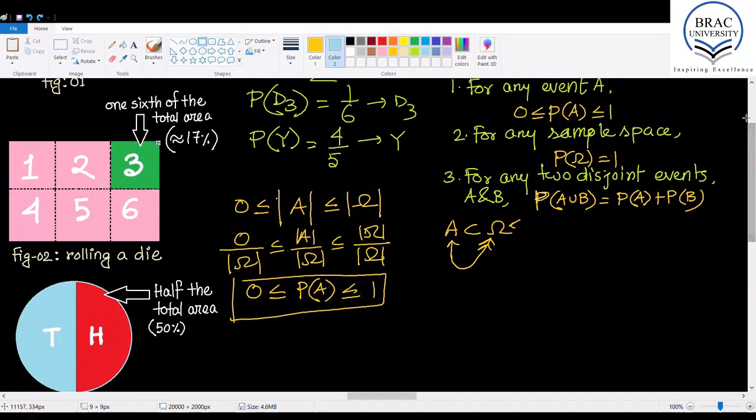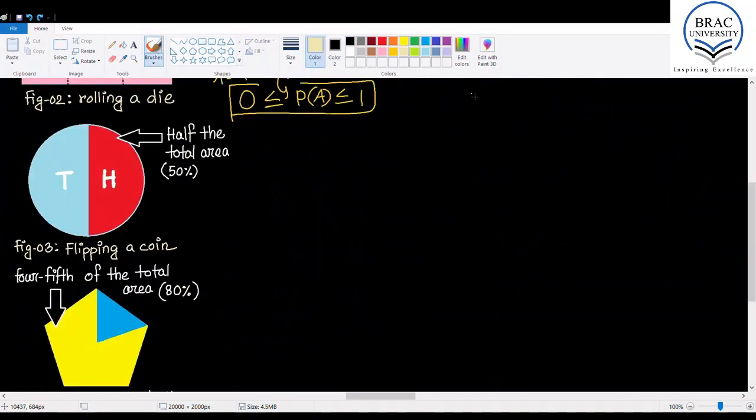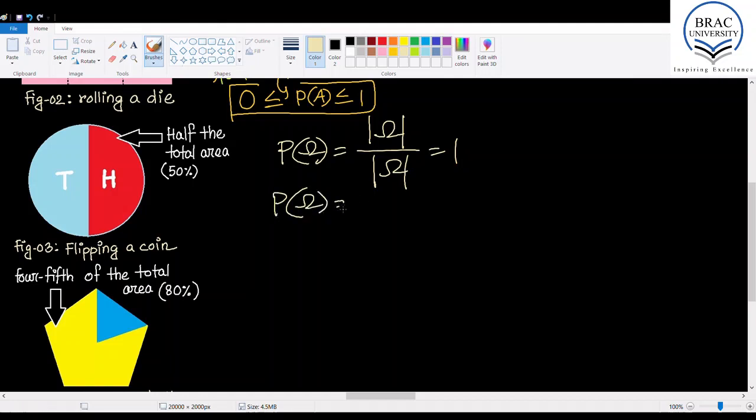Okay, now let's move to axiom 2. This axiom can be directly deduced from the definition of probability. By definition, we know that P of omega should be equal to the number of elements in the event of interest, which is omega here, divided by the number of elements in the sample space. So it becomes 1. That is why we can write P of omega equals 1.